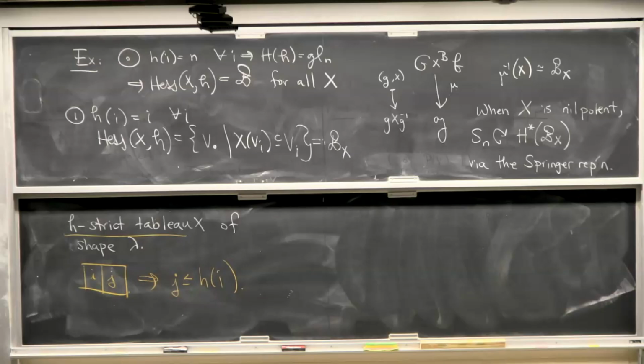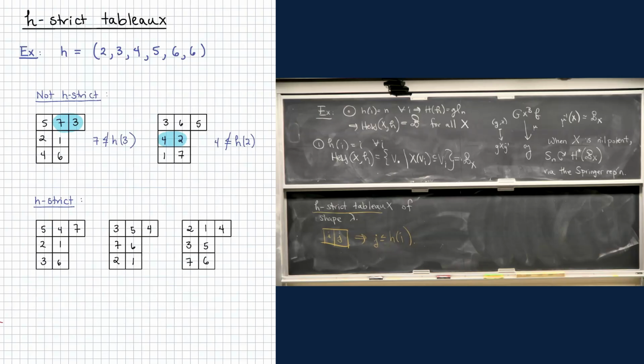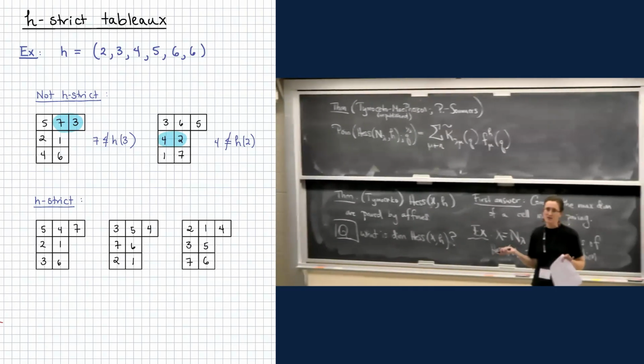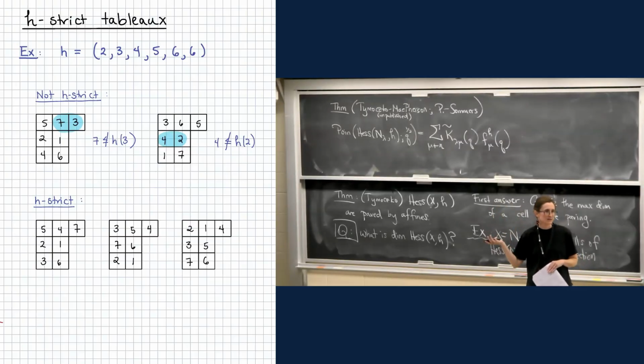The screen makes it much easier for these examples, so I can show you some non-trivial examples. Here's a Hessenberg function, h of i goes to i plus 1, to make it easy for me to quickly see what's going on.